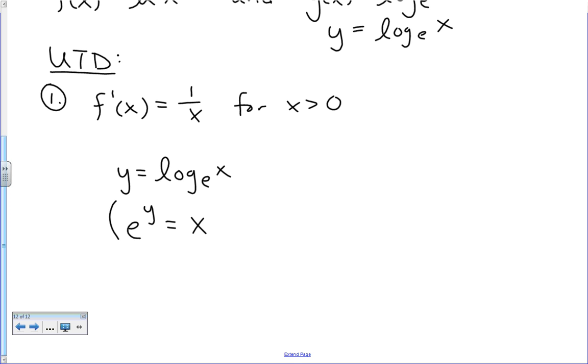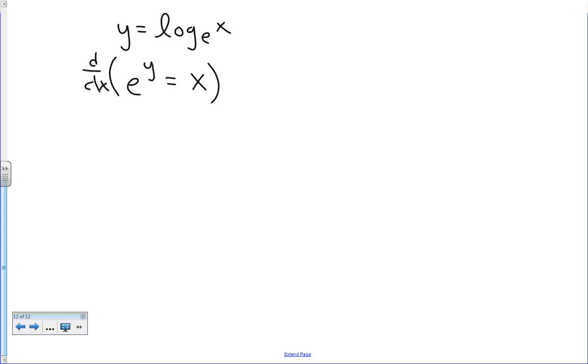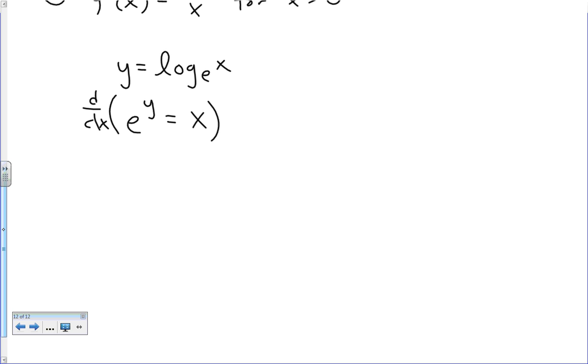And if we take the derivative of this with respect to x, because that's what we're trying to do to find g prime of x, on the left side, you've got an implicit relationship here. So when you take the derivative, use the chain rule. The derivative of e to the y is going to be e raised to the y power times y prime.